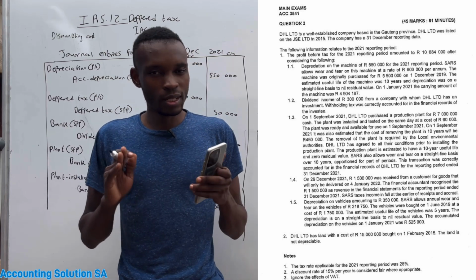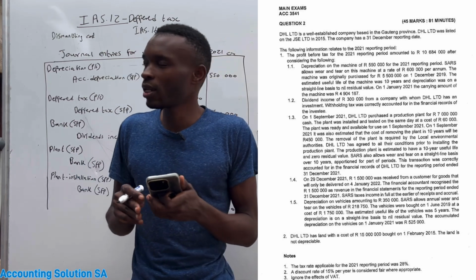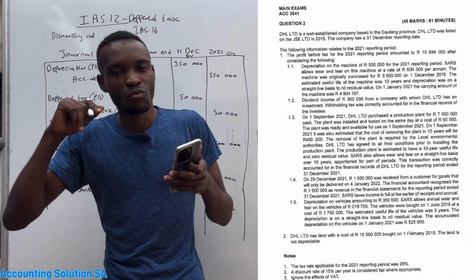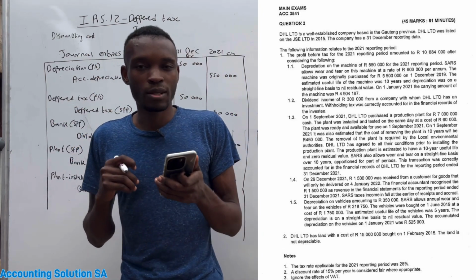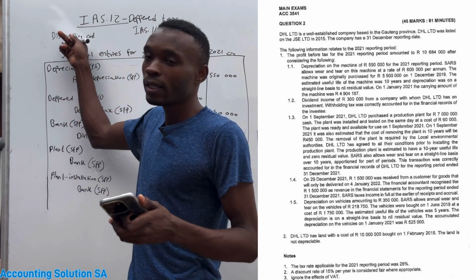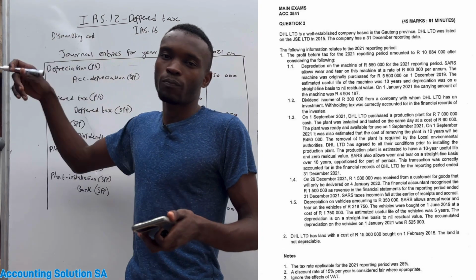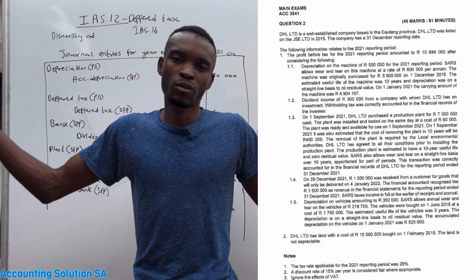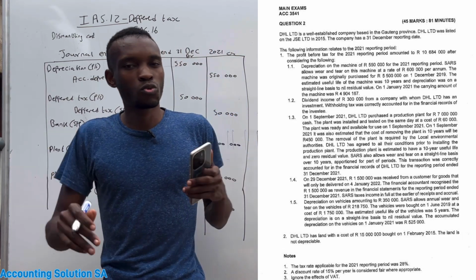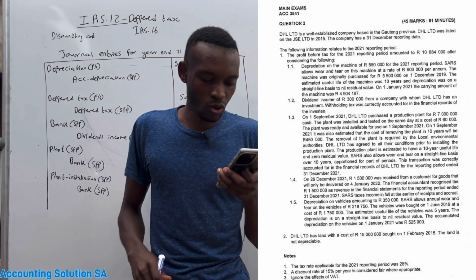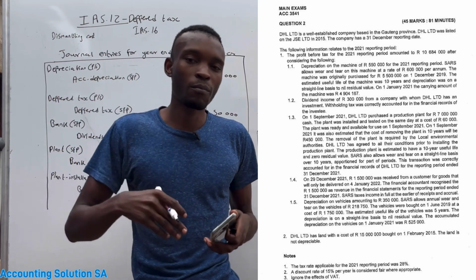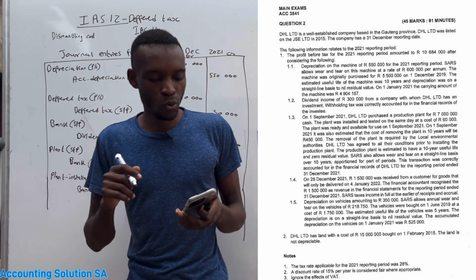It's a must for them, which means this is also going to form part of the cost of this plant, because if we don't pay this dismantling cost, this machine is not going to be able to operate. The local environment authority is going to come and stop you from producing.